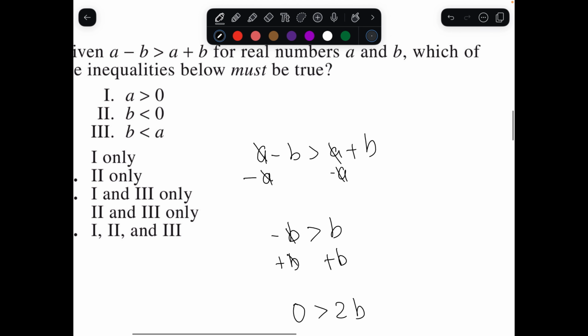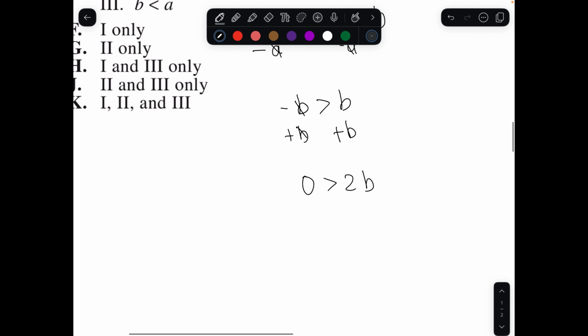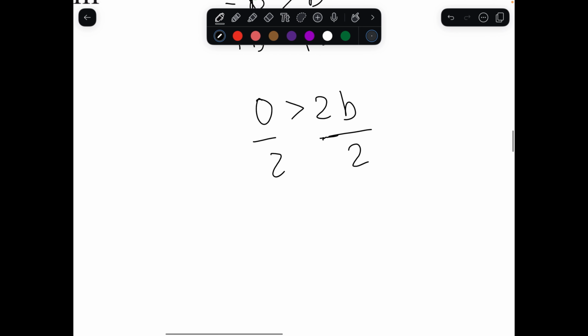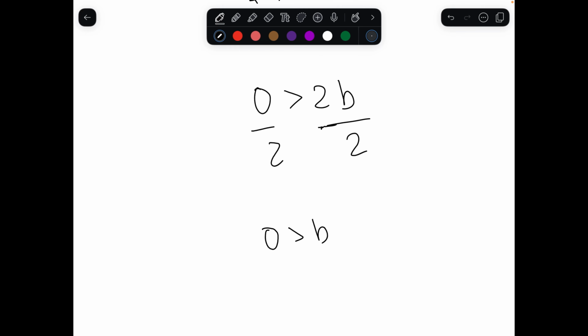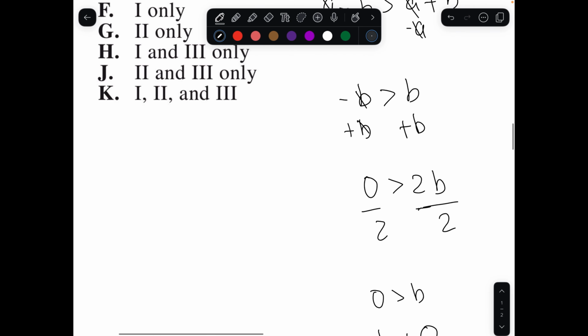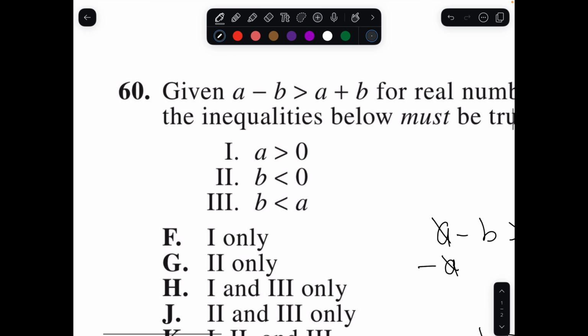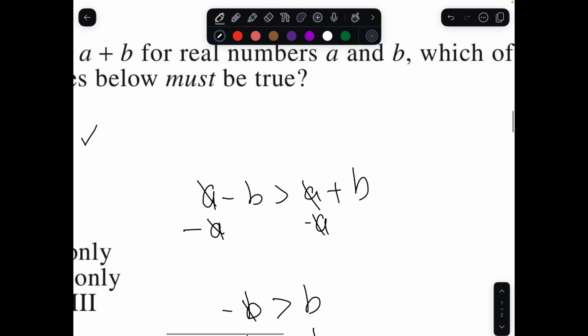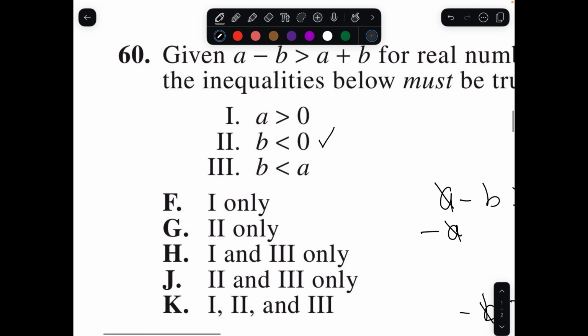And now if I simplify, I still have to divide by 2 in order to fully simplify the inequality. So I get 0 has to be greater than b, which is the same as b has to be less than 0. And if we look at the answer choices, this matches the second answer choice.